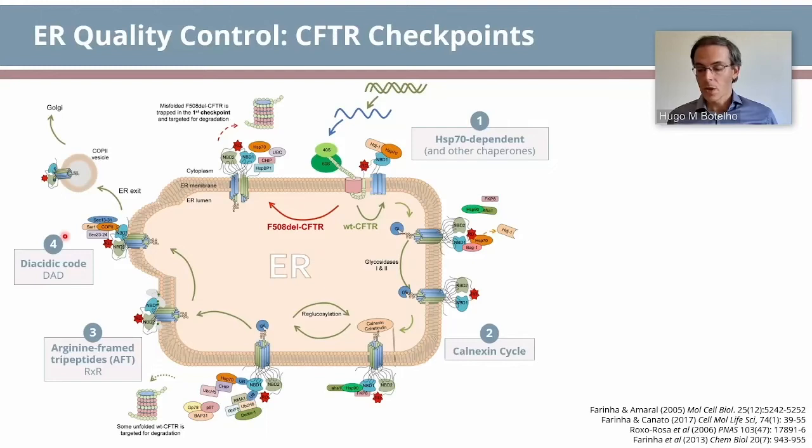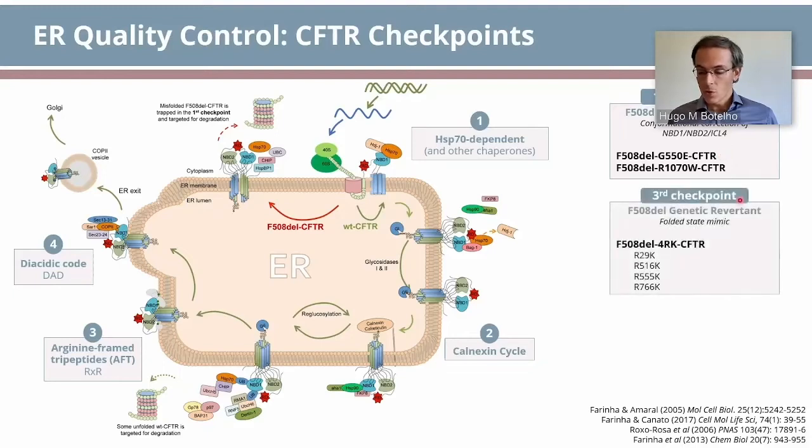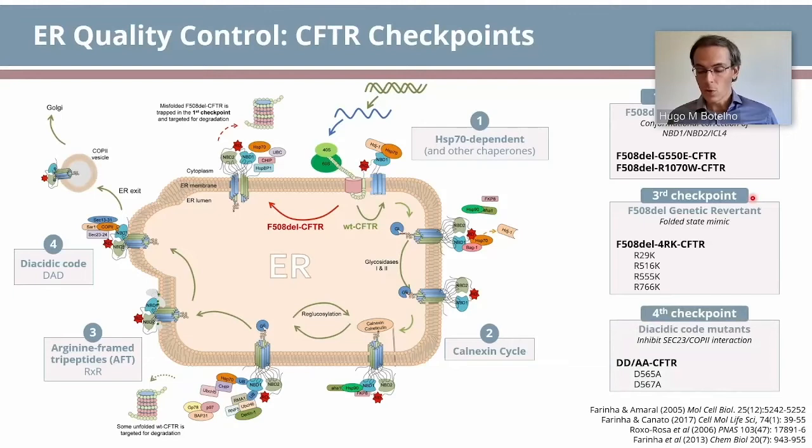The involvement of uncharacterized genes in the ER quality control checkpoints can be deconvoluted by observing their effect on CFTR mutants with differential susceptibility to each checkpoint, either with second-site mutations which conformationally correct F508del, mutations which affect the 4 AFTs, or which mutate the 2 aspartate residues in the diacidic code required for ER export.